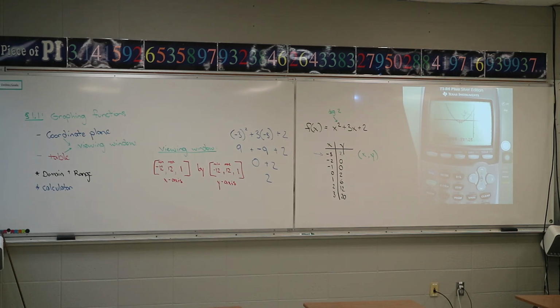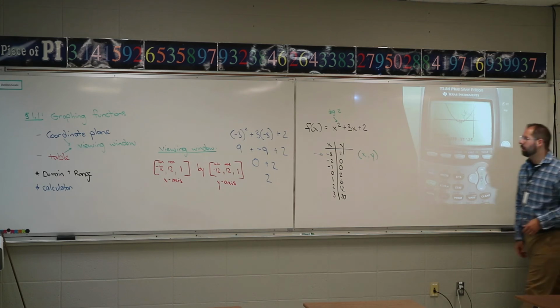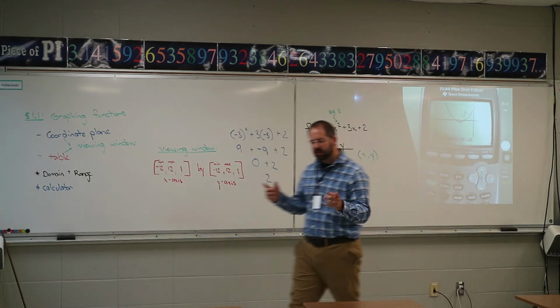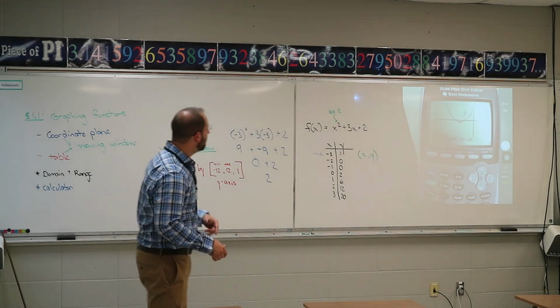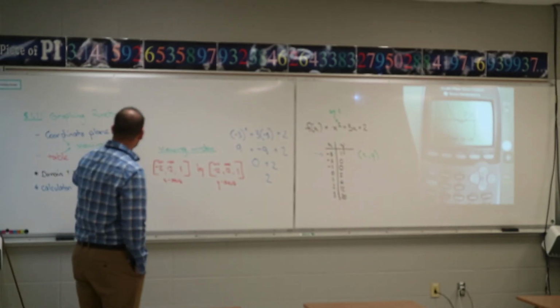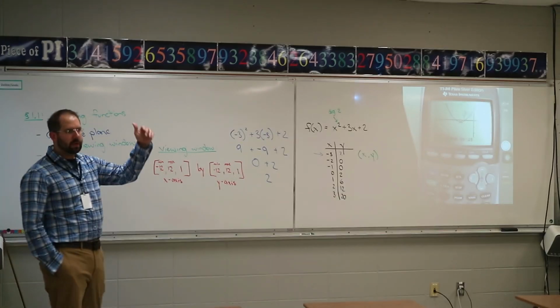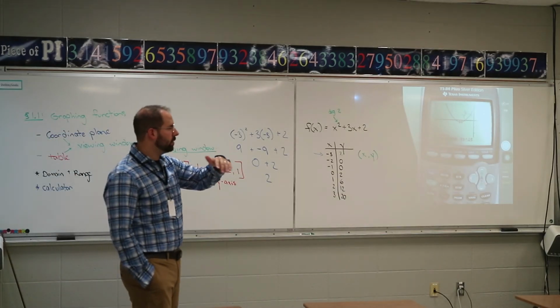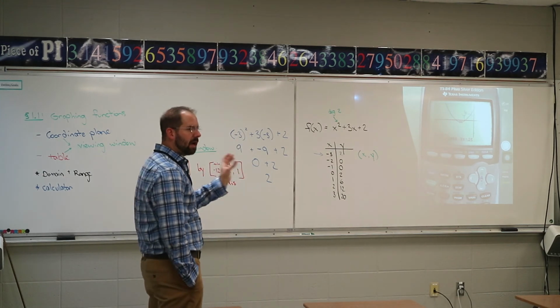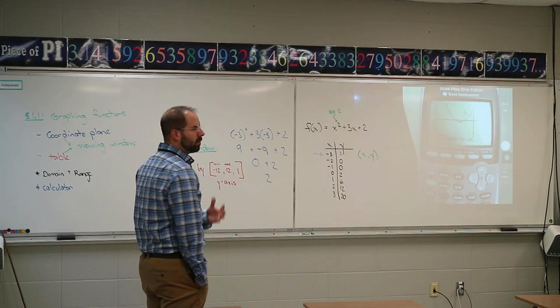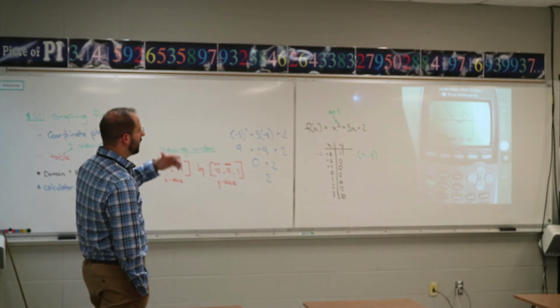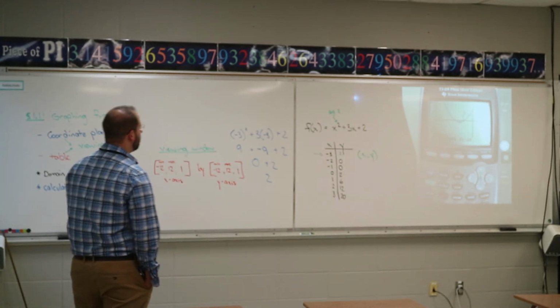But there you go. All right, let's talk about domain and range. Domain and range is the x numbers and the y numbers, right? It's not just viewing windows. When you look at a graph, does it flow continuously left to right? Does it have stopping and starting points? That's something we're going to eventually talk about, same with end behavior and the inflection points.